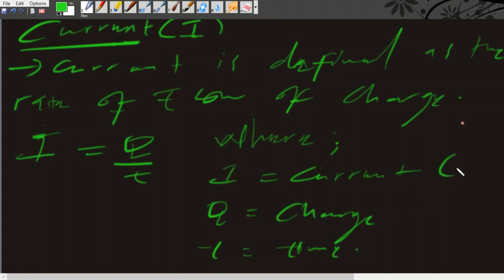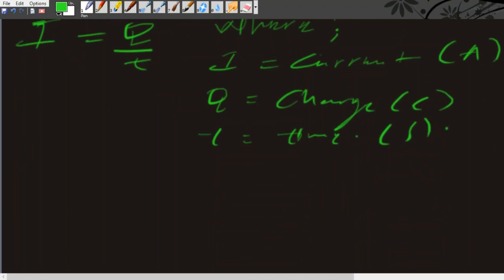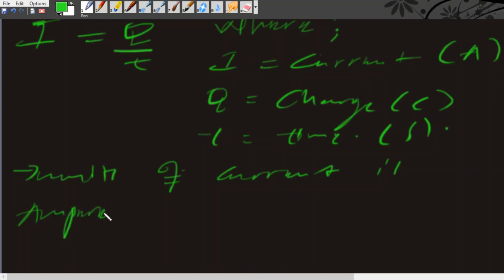The units of current are amps, charge is in coulombs, and time is in seconds. So we can say that the unit of current is the amp, which is represented by A.